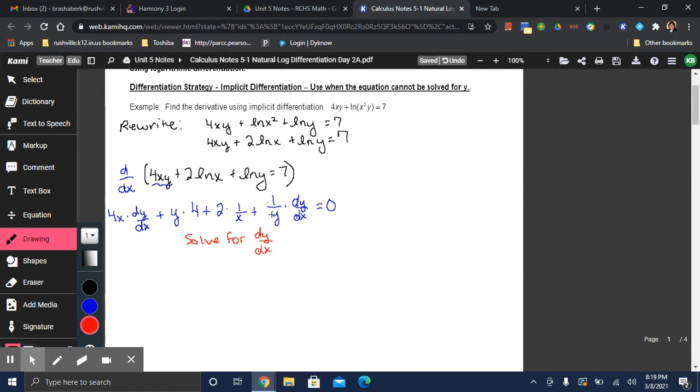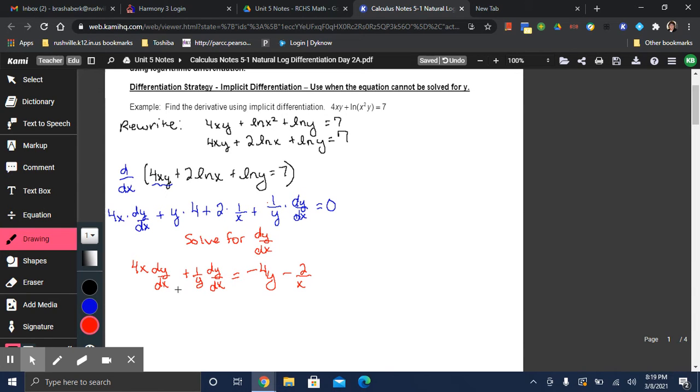So the two terms that have dy dx in them we'll leave on the left-hand side of the equal sign. So 4x dy dx plus 1 over y dy dx equals, and then I'm going to subtract this term over, so negative 4y and minus 2 over x, subtracting that from both sides of the equal sign.